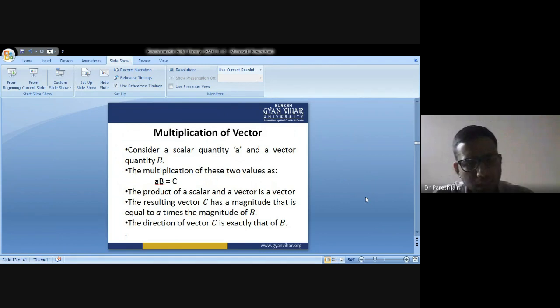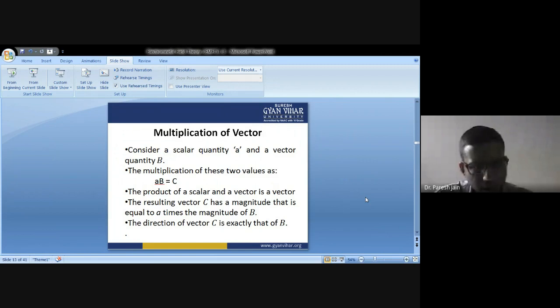Consider a scalar quantity A and a vector quantity B. The multiplication of these two quantities is always a vector quantity. So the product of a scalar and a vector is a vector. So C is the vector quantity.